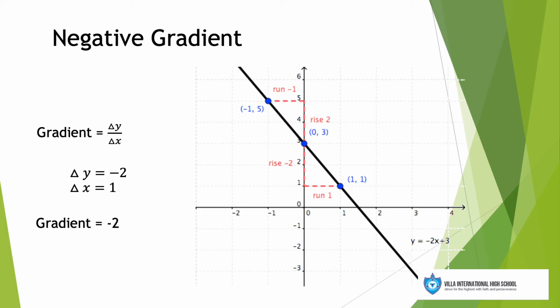Delta x is 1 minus 0, which is 1. So delta y is negative in this case, and delta y over delta x is a negative value: minus 2 divided by 1. So the gradient is minus 2. If the graph is like this, the gradient is negative.